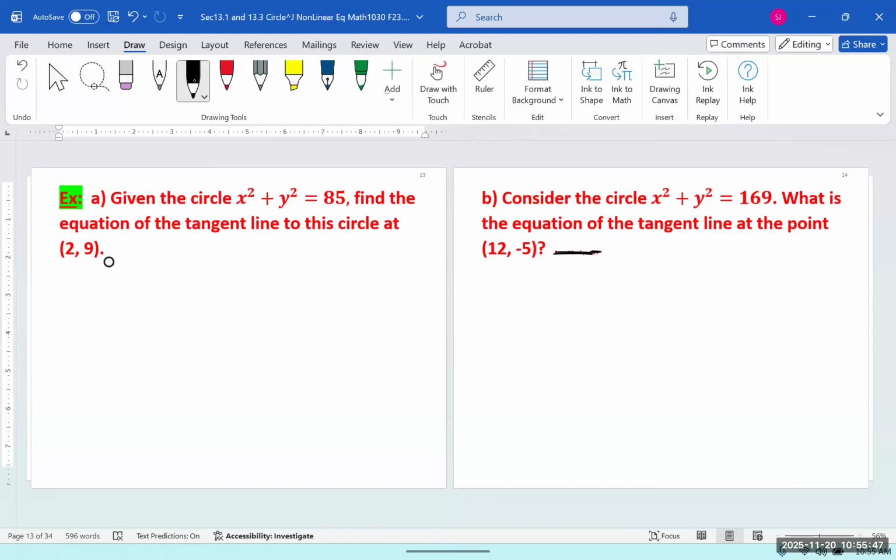So let me take the attendance. Today is what day? 11/20.